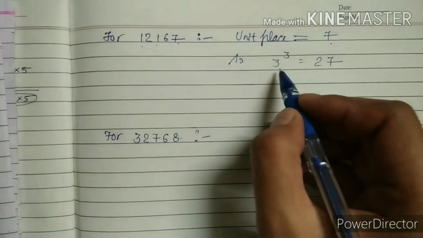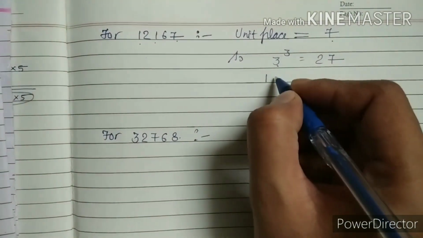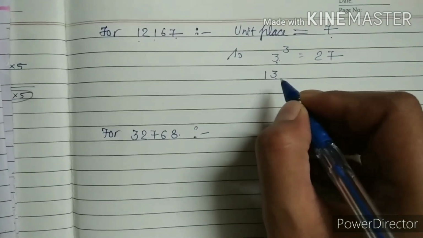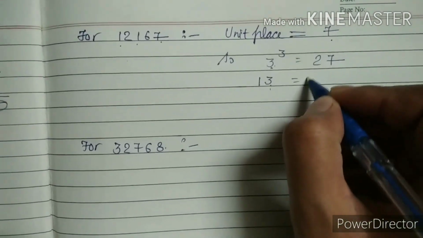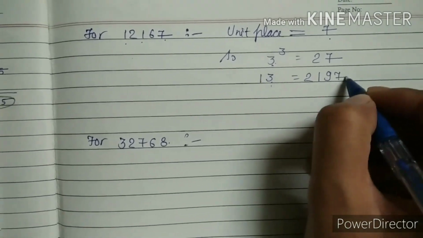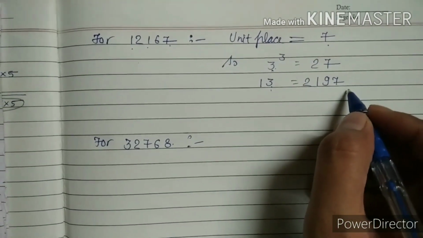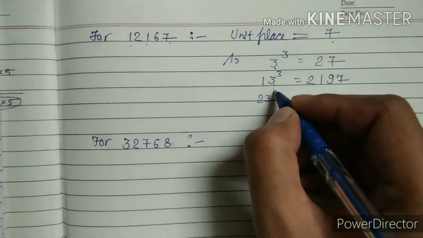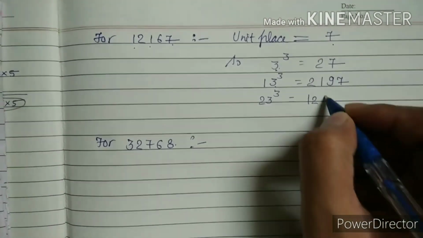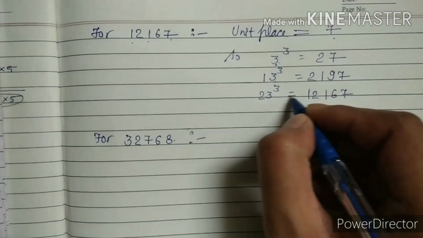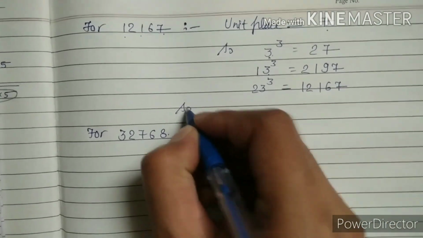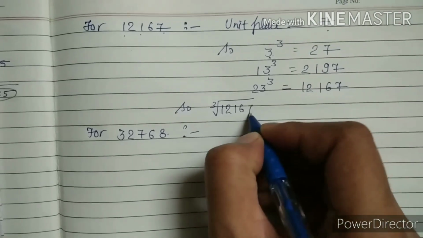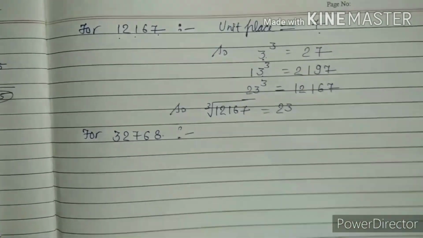The next number after 3 with 3 on the ones place is 13. 13 cube is 2197. We did not get it. Next we have to jump to 23. 23 cube is 12167. We got it. So the cube root of 12167 is 23.